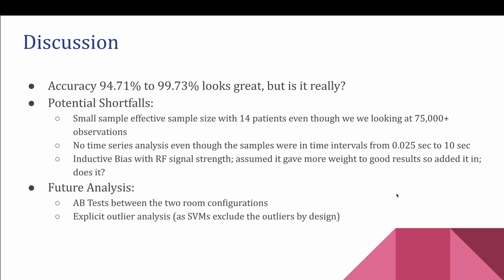For future analysis, perhaps there could be some A/B tests done between the two room configurations that were in this study, and some explicit outlier analysis. As we talked about before, SVMs ignore the outliers, and there could be some good insights gained by actually doing a more robust analysis of the outliers.